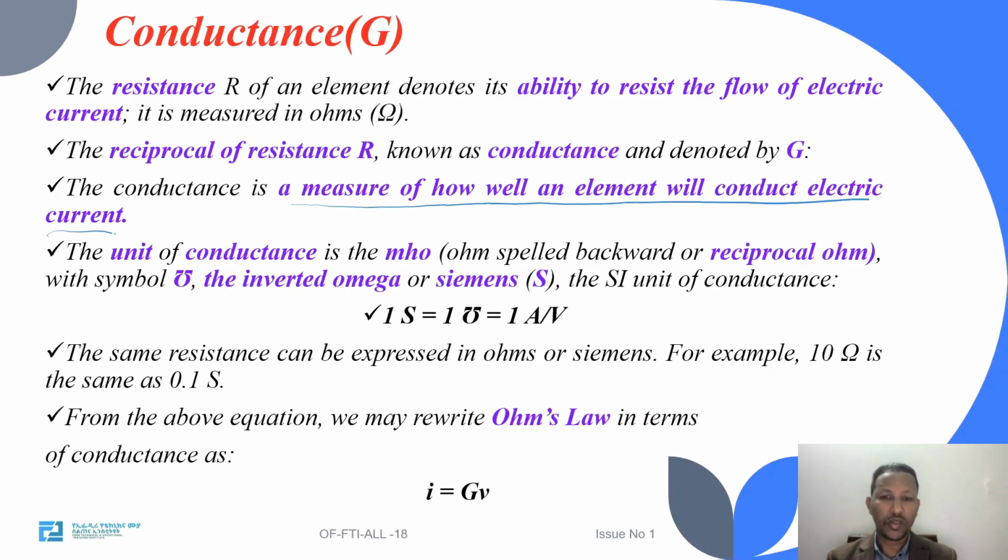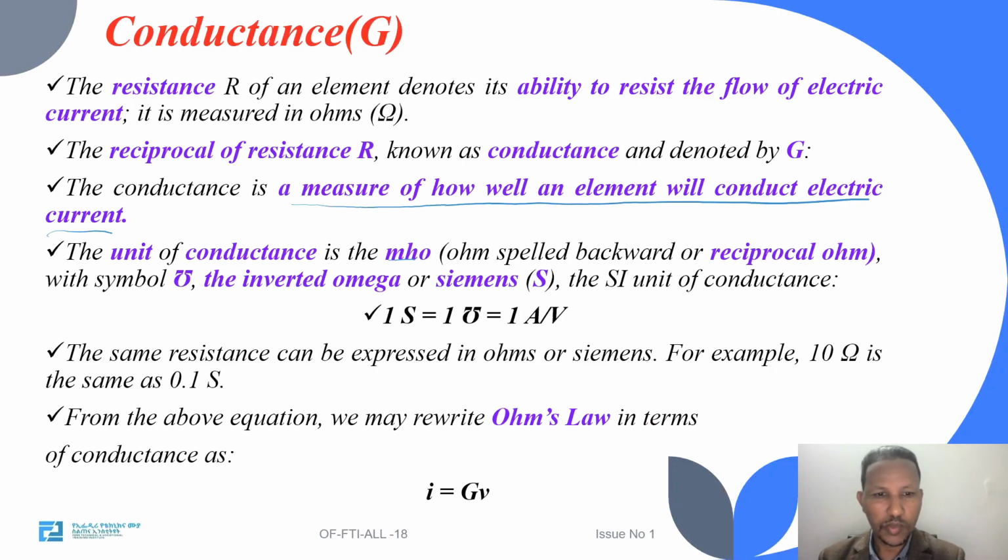The unit of conductance is mho, which is ohm spelled backward, or the reciprocal of ohm. You can also use the inverted omega, or Siemens, which is the unit of conductance.